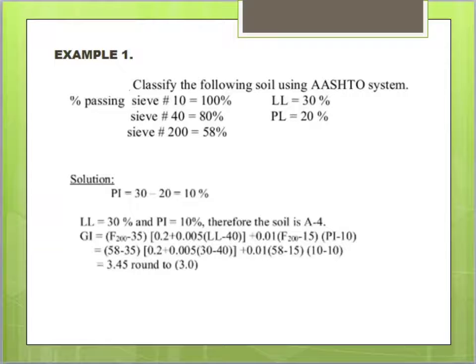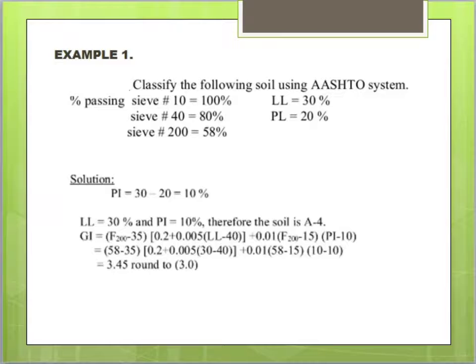For us to solve, we have to subtract the plasticity limit from the liquid limit, which will give us 10%. The percent passing sieve number 200 is greater than 35. Therefore, the soil is A-4, A-5, A-6, or A-7. So for the liquid limit, we have 30%, and the plasticity index, we have 10%. Therefore, the soil is A-4.